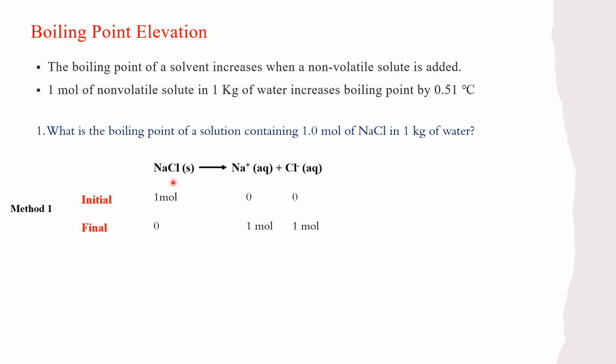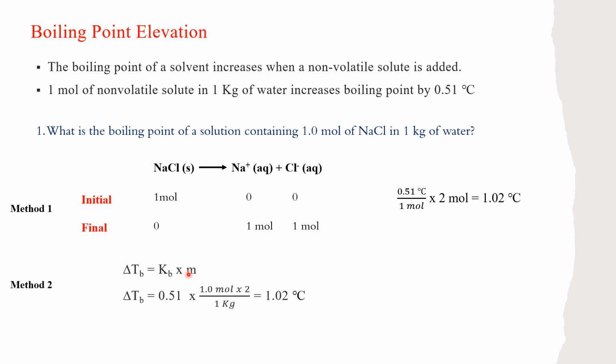After we dissolve the solid in water, it dissociates into sodium ions, 1 mole, and chloride ions, 1 mole. Now we have 1 plus 1, 2 moles in the solution. One mole of solute increases the boiling point by 0.51 degrees Celsius, but now there are 2 moles present. So the boiling point elevation is 2 times 0.51, which equals 1.02 degrees Celsius.